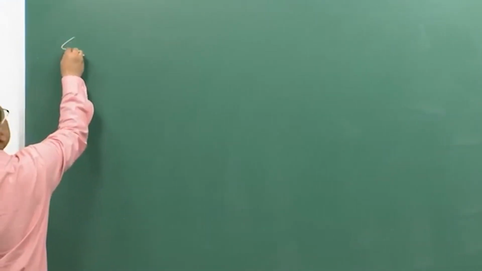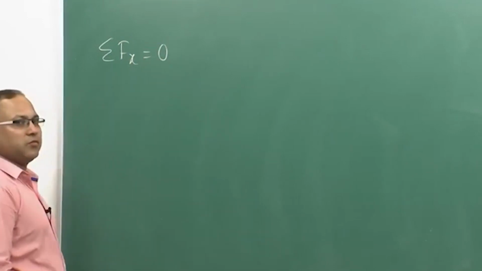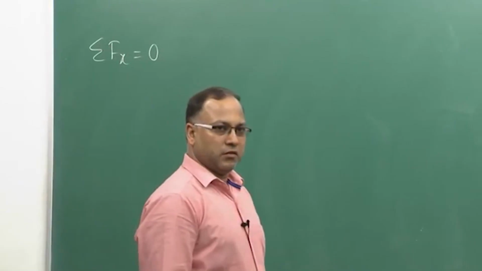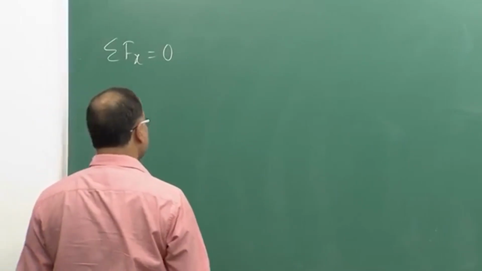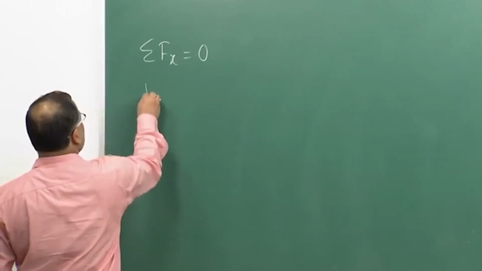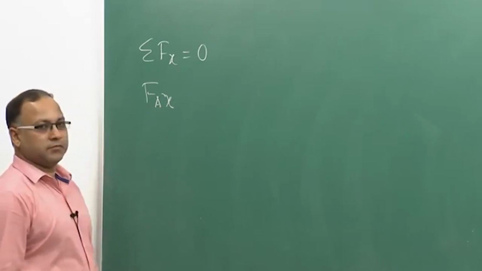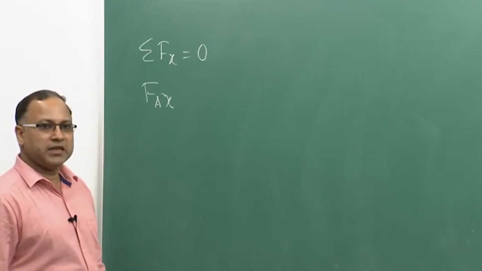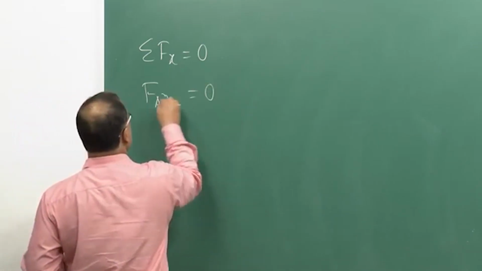Considering summation of Fx equal to 0, that means summation of all the forces along the x direction is 0. What forces are acting in the x direction? F A x, towards the positive x direction. Any other force in the x direction? No other force. So, F A x is simply 0.